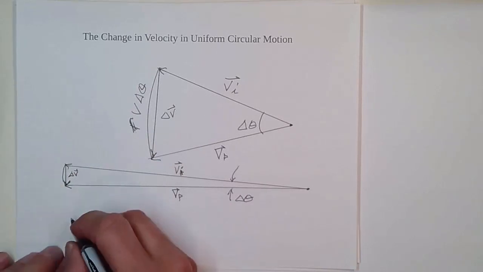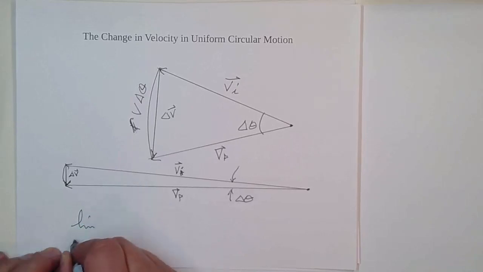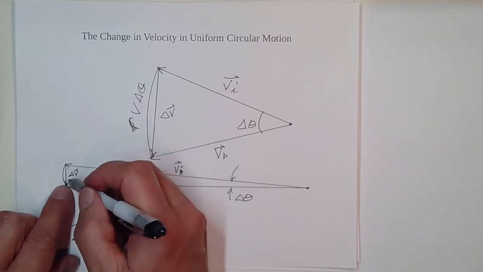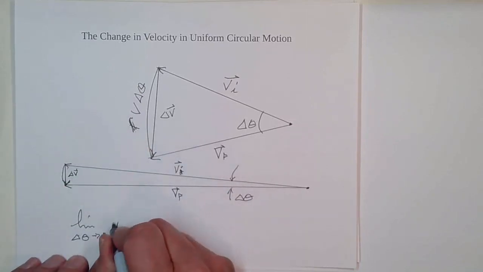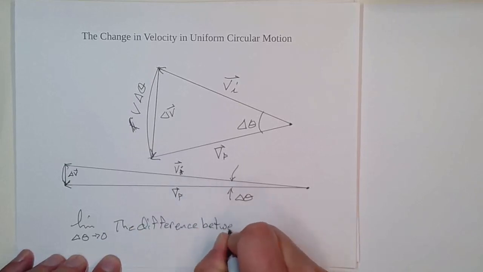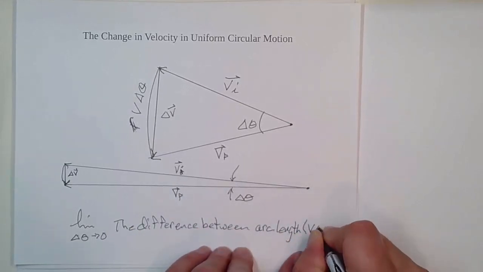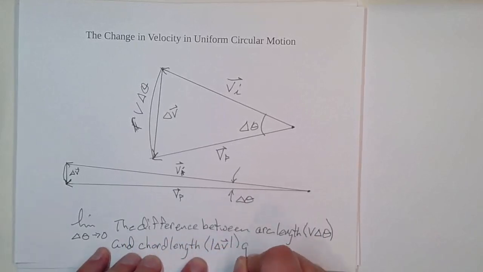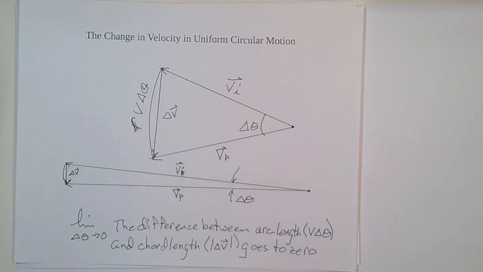And in the limit, as delta theta goes towards 0, the difference between arc length and chord length vanishes. If we consider the difference between the arc length and the chord length, as delta theta goes to 0, those two things vanish.